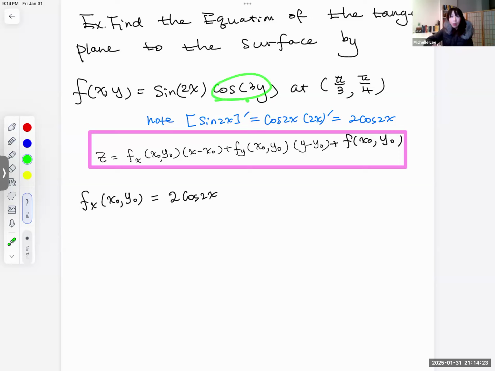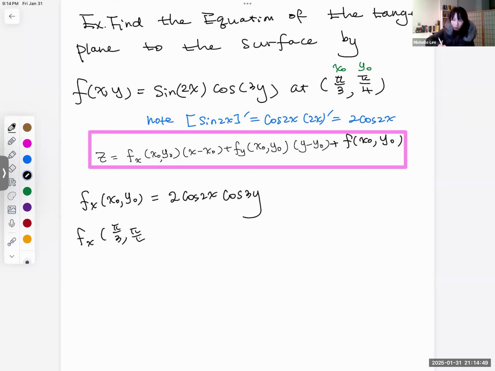Look, this is constant, so we just write cosine 3y, right? So cosine 3y. Now we want to evaluate. This is x naught, y naught. All right, so f derivative with respect to x at pi over 3, pi over 4, 2 cosine 2 pi over 3, right?